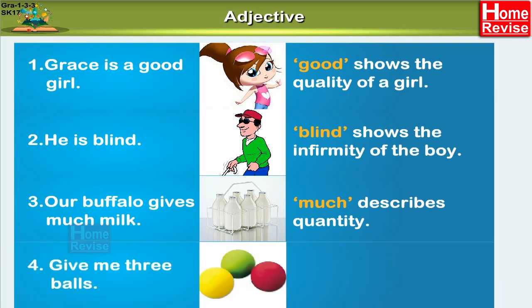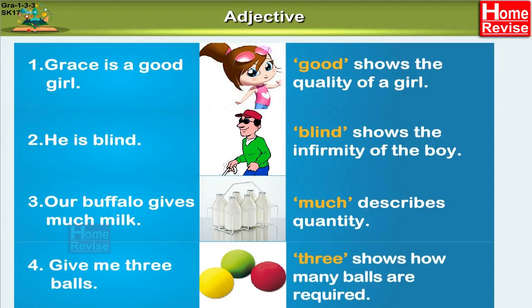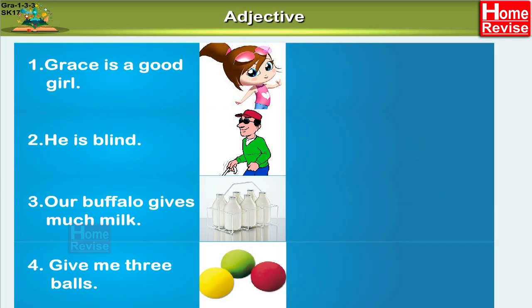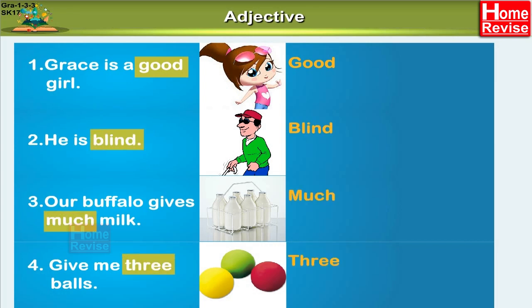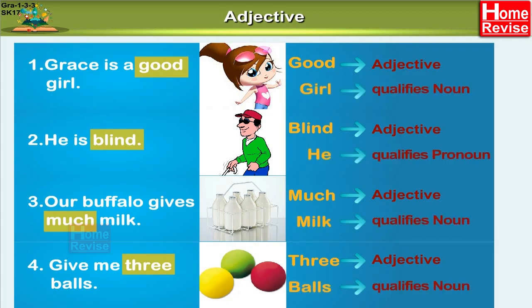Give me 3 balls. In this sentence, 3 shows how many balls are required. All the above words, good, blind, much, and 3 are adjectives as they qualify a noun or a pronoun. So the new term learnt is adjective.